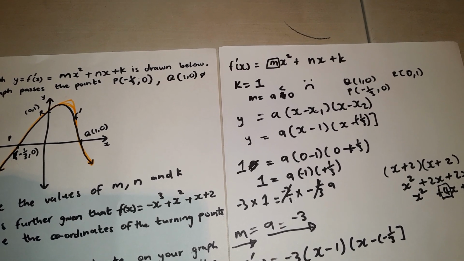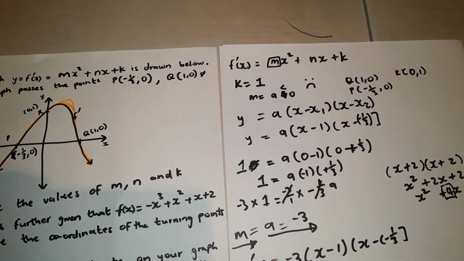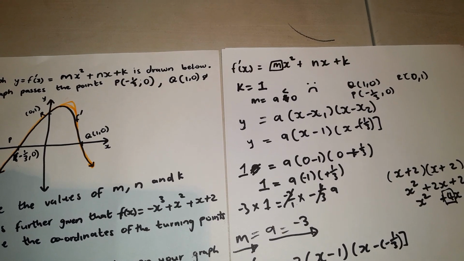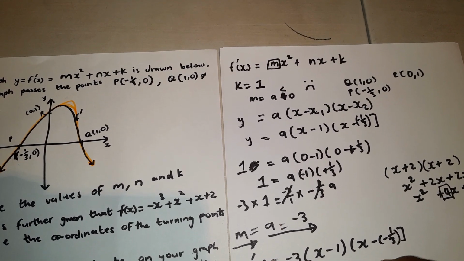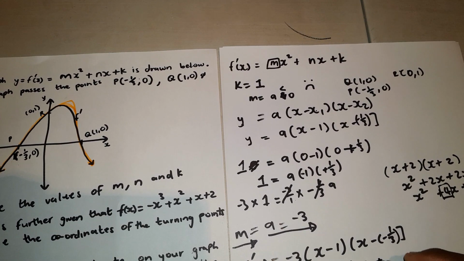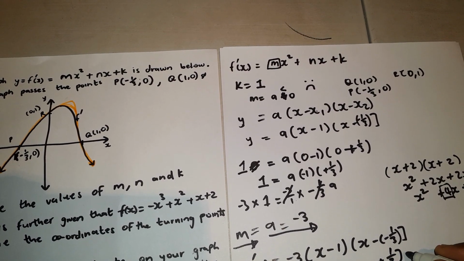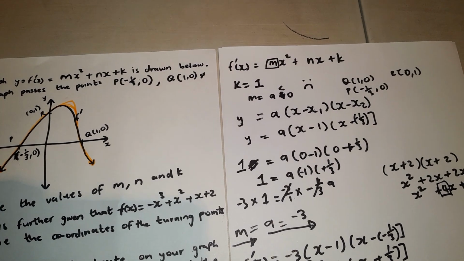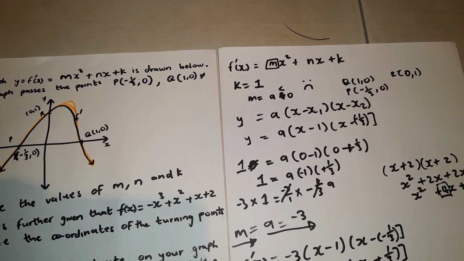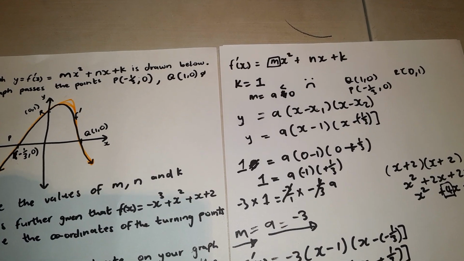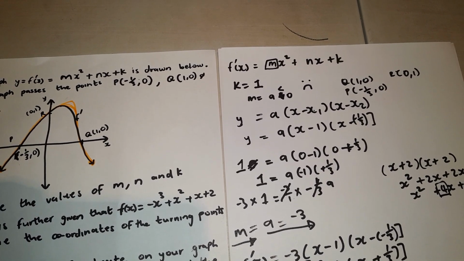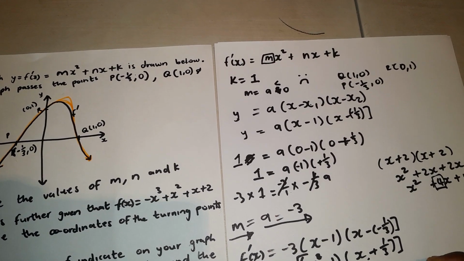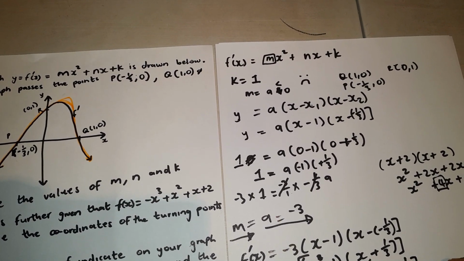So negative x times x is x squared. Then here, okay, let me just do it like this, we'll deal with the sign later. Negative 3, x and x, it's x squared. X times x is plus 1 over 3 x minus x minus 1 over 3.